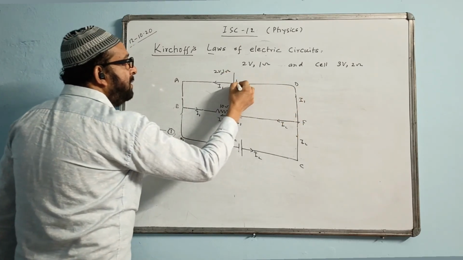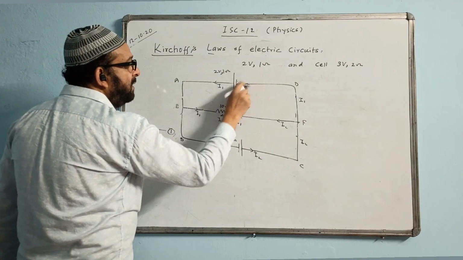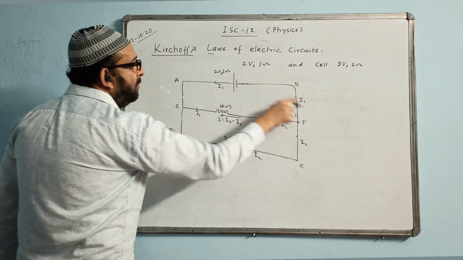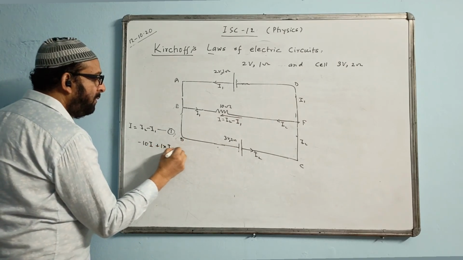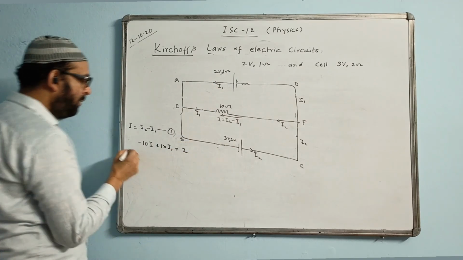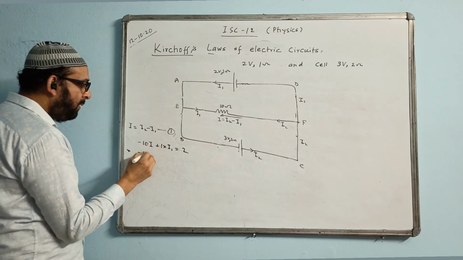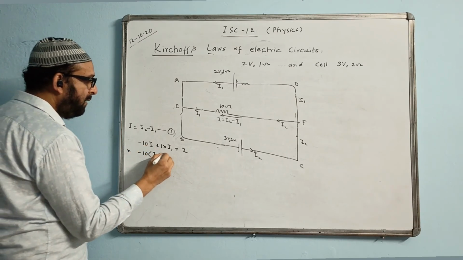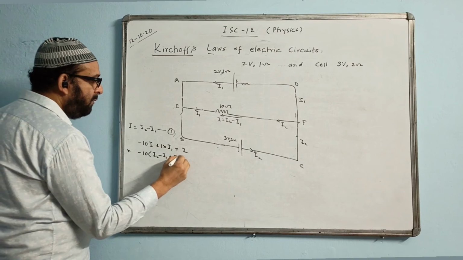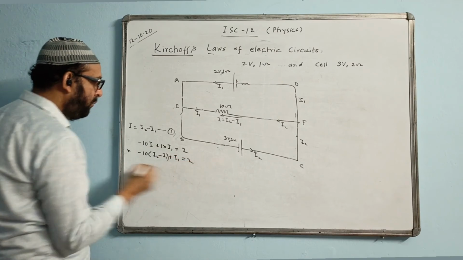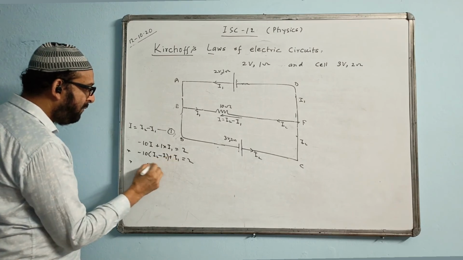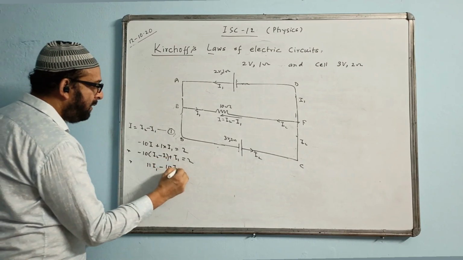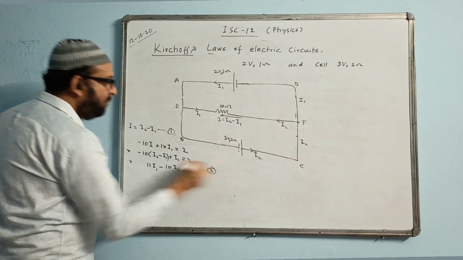Not to forget the internal resistance: 1 into I1, plus 1 into I1, equal to 2 volt. I will put I as I2 minus I1 in 10I, so minus 10I2 plus 10I1 plus 1I1 gives 11I1 minus 10I2 equal to 2, equation number 2.